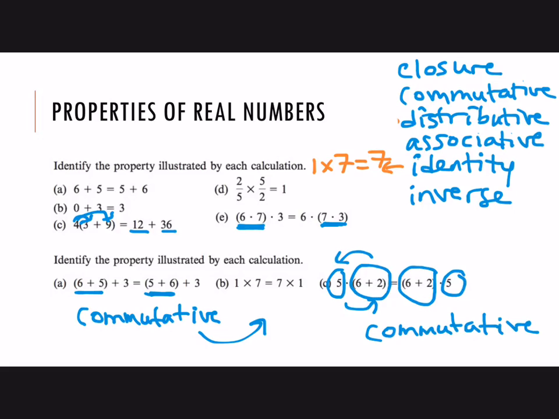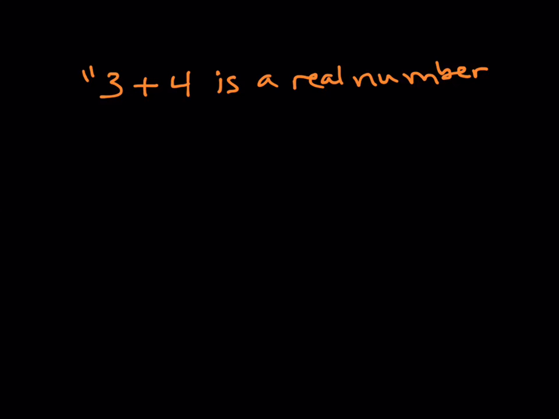All right, we haven't done any examples of the closure property, but this one's pretty easy to pick out. It's more complicated in how we use it, but the only way you're going to see the closure property illustrated is a sentence like 3 plus 4 is a real number, because that's what the closure property tells us. When you add or multiply real numbers, you get a real number as an answer.